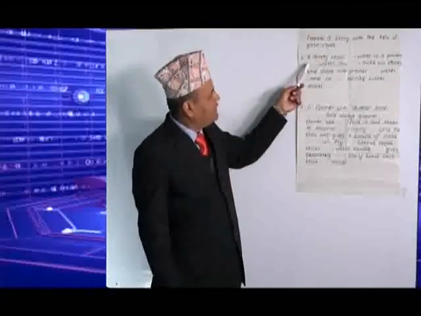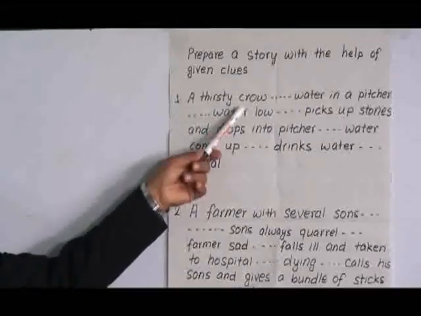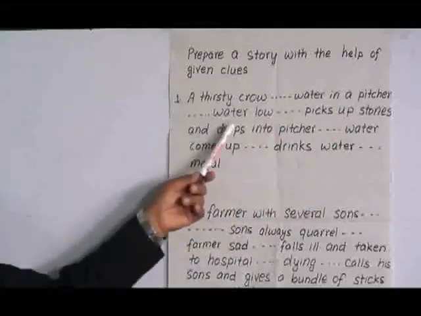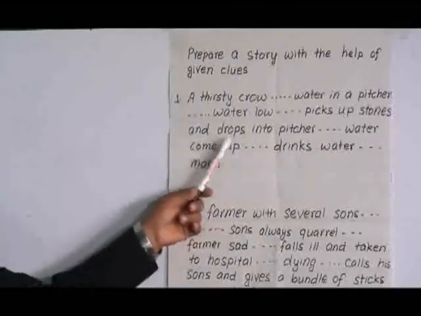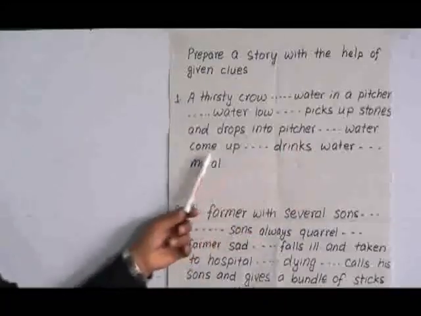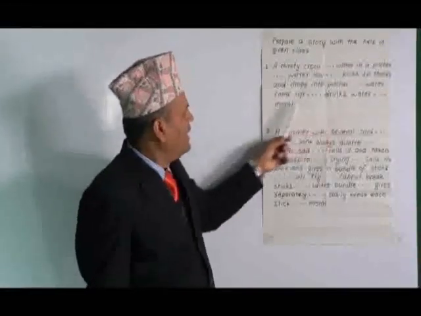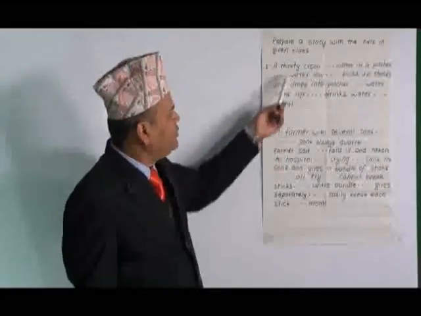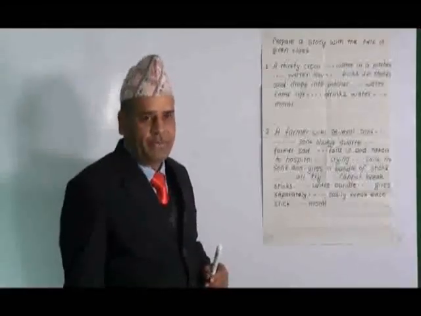So let's read the guidelines given here. A thirsty crow, water in a pitcher, water low, picks up stones and drops into pitcher, water comes up, drinks water, and moral. Finally, we have to write the moral. This is the story related to a thirsty crow.